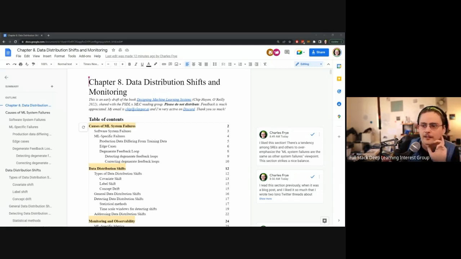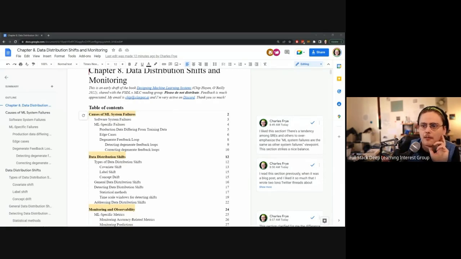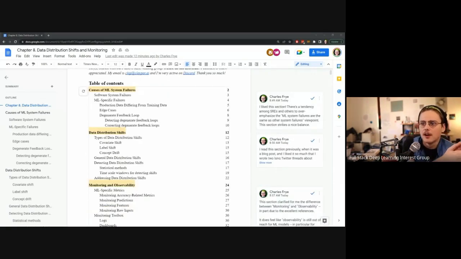So just looking at the table of contents here, the main sections of this chapter are first just talking about what causes ML systems to fail, because the reason why we care about distribution shifts, and the reasons why we care about monitoring and having observability for our ML system, is because we want to stop it from failing.